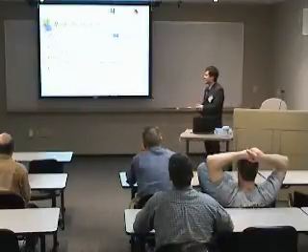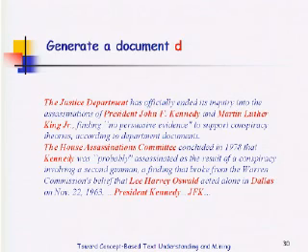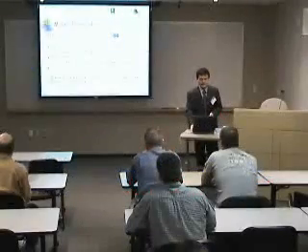So in this kind of task, we hope to have an approach that can use limited labeled data or unlabeled data to do entity identification. For this purpose, we developed a generative model that can be trained with unlabeled data and can exploit the information based on the observations.